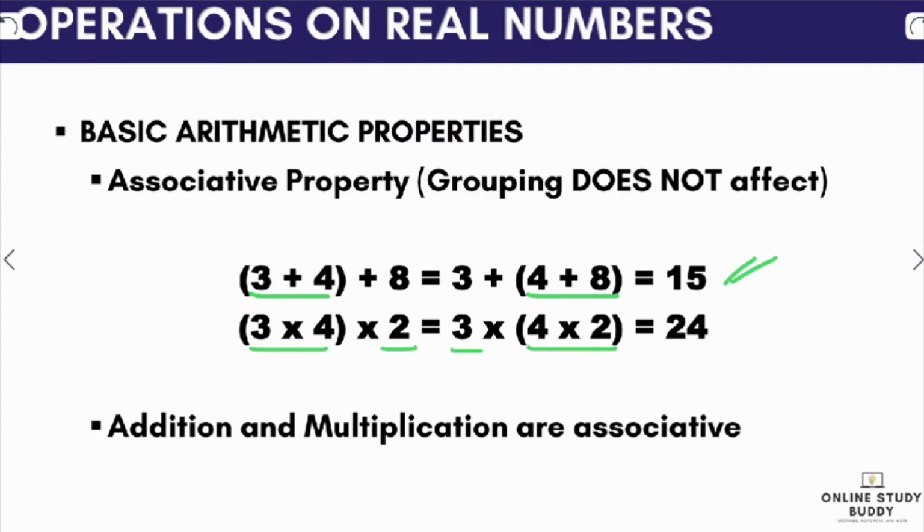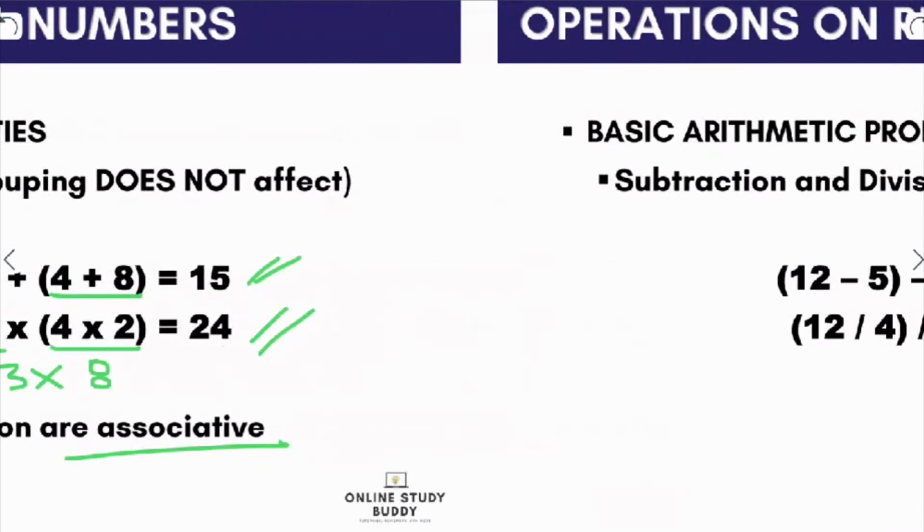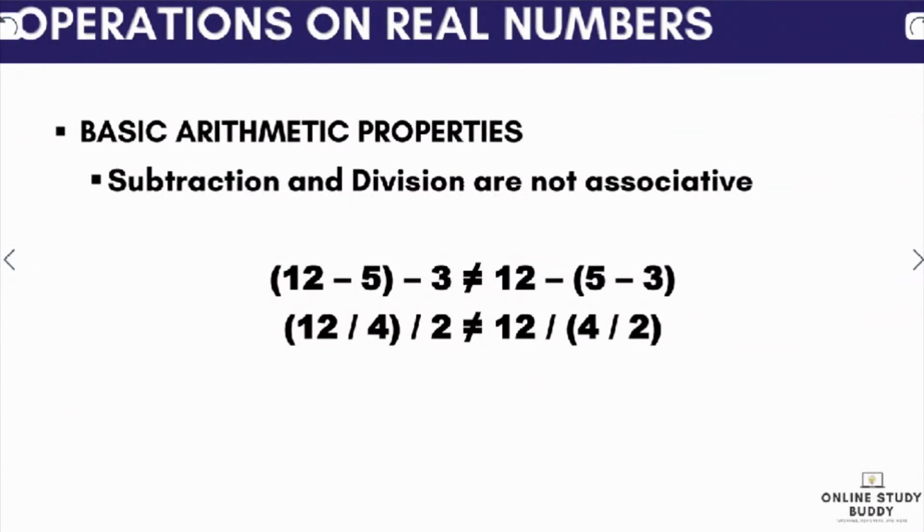So, in this example, 3 times 4 equals 12, times 2 equals 24, which is the same as 4 times 2 equals 8, times 3 equals 24. So, addition and multiplication are associative. Same with commutative. Subtraction and division are not associative. So, ibig sabihin, kapag binago natin yung grouping, mag-iba yung results for subtraction and division.